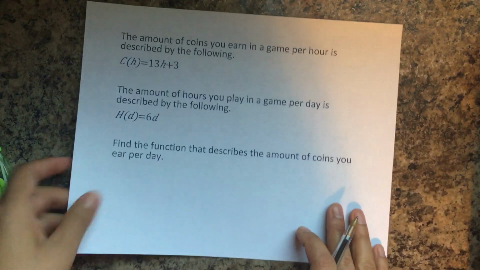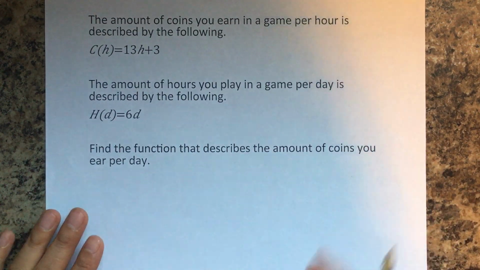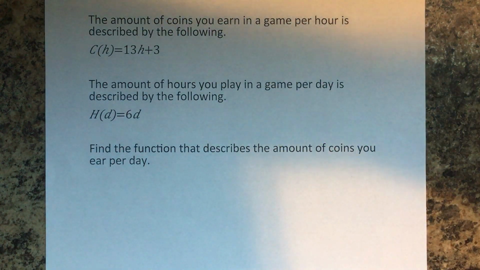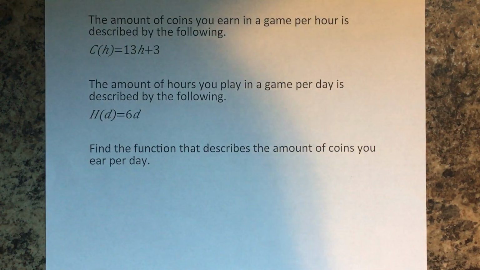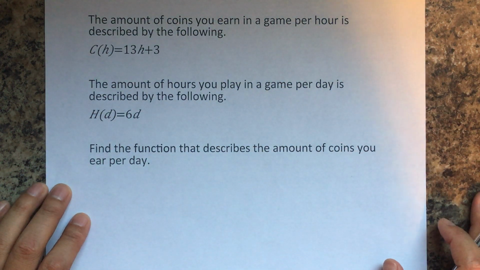Okay, hopefully it's not overwhelming, but here is our last example. In here they're giving us the functions already. It says the amount of coins you earn in a game per hour is described by the following.